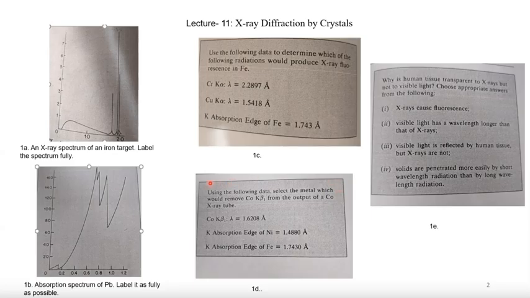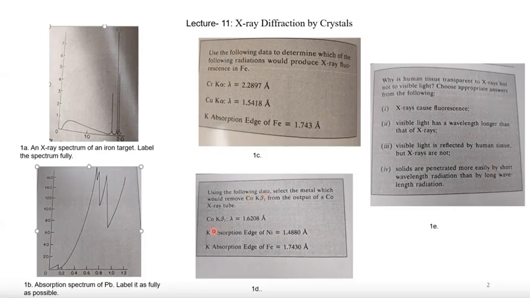Okay, come to this one. What does this problem say? Using the following data, select the metal which should remove cobalt K beta 1 from the output of a cobalt X-ray tube. That means we will have an output of a cobalt X-ray tube like this, and we are asked which filter we use to remove this one.